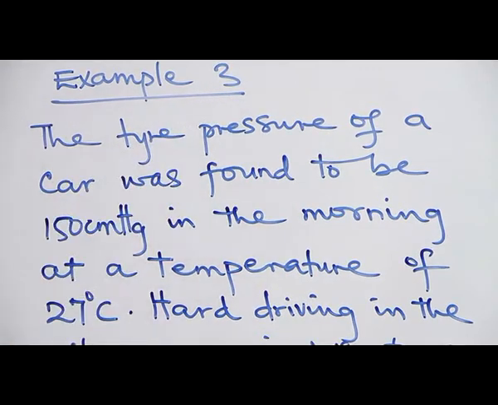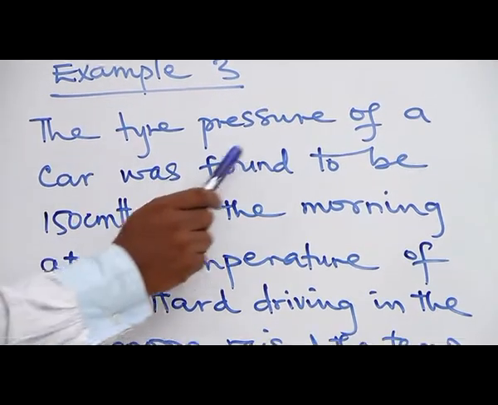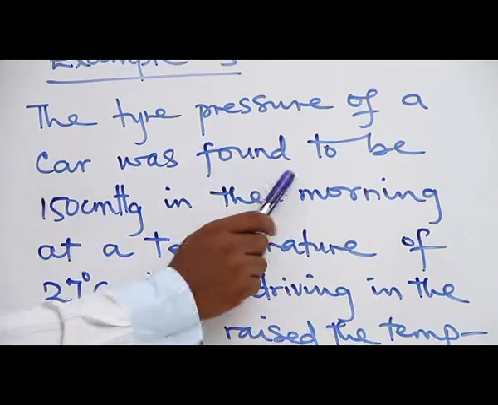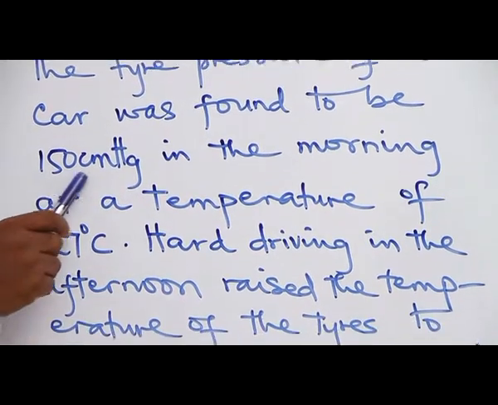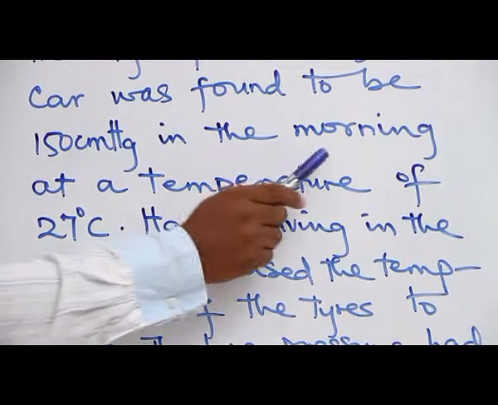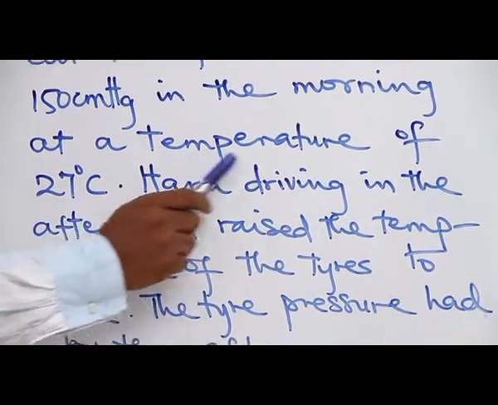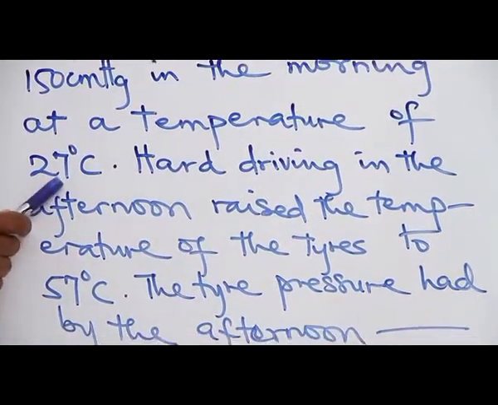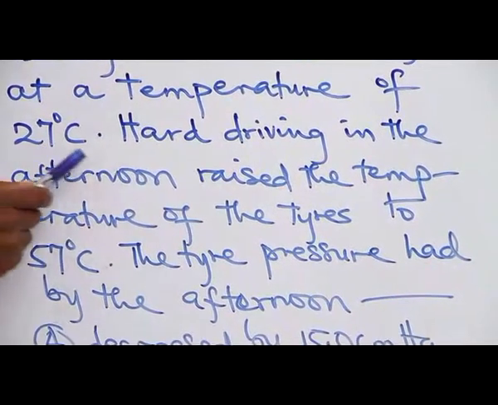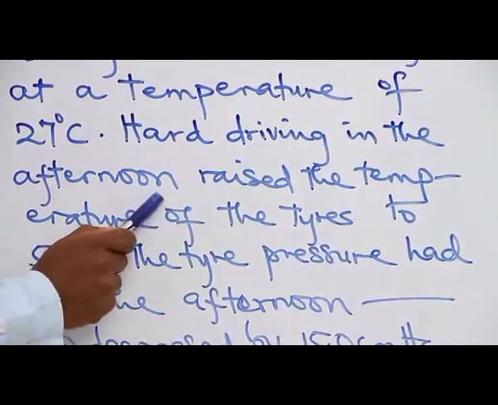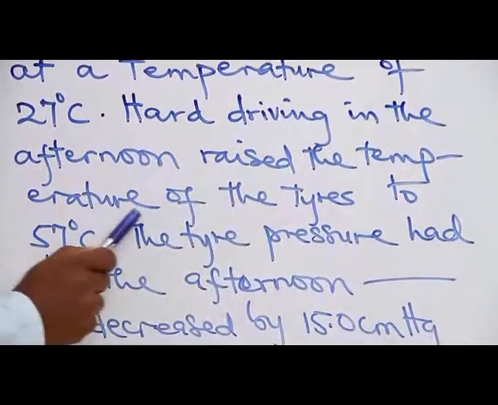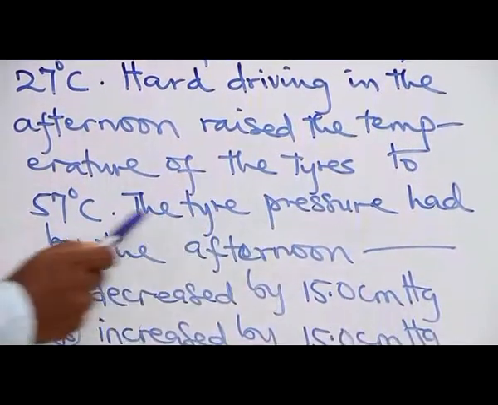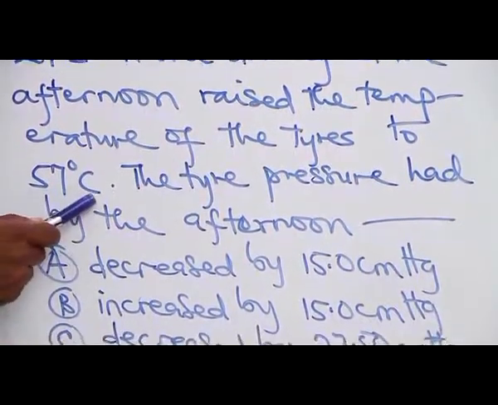Example 3. The tire pressure of a car was found to be 150 centimeter mercury in the morning at a temperature of 27 degrees Celsius. Hard driving in the afternoon raised the temperature of the tires to 57 degrees Celsius.